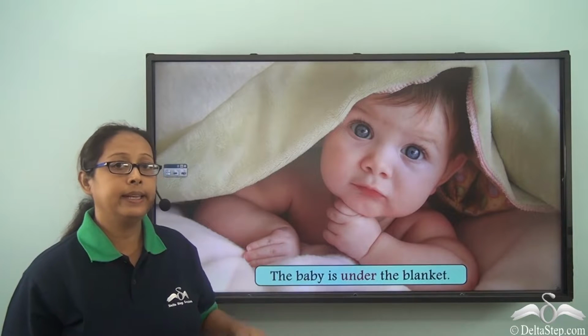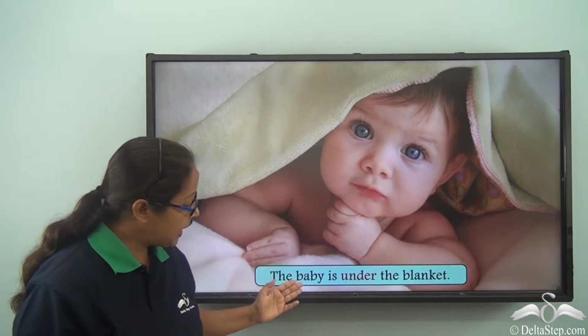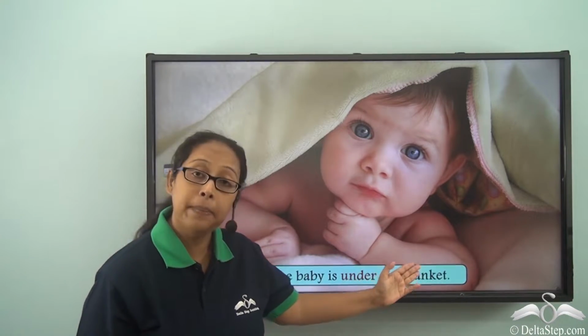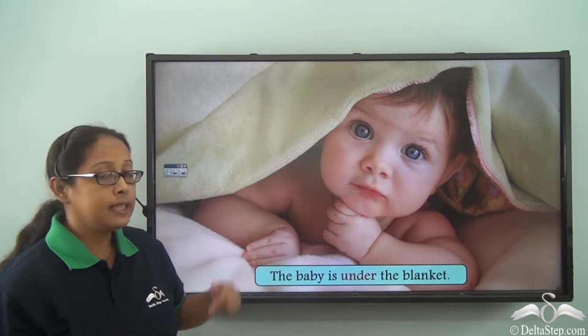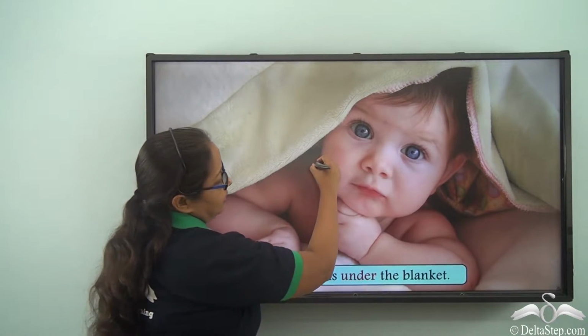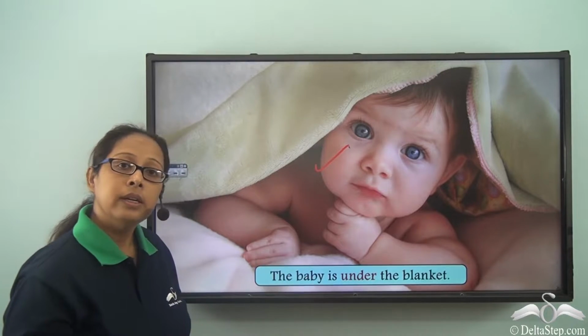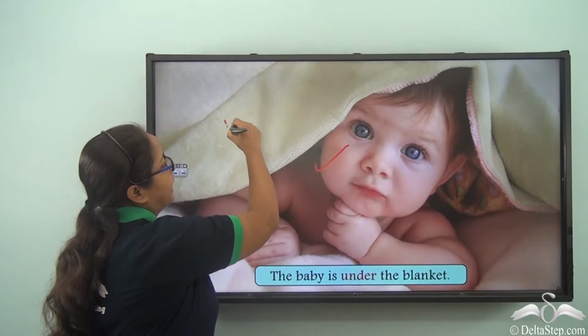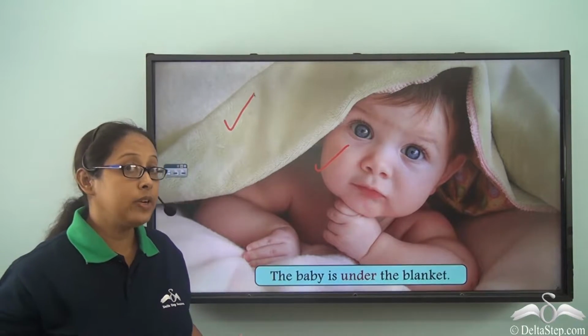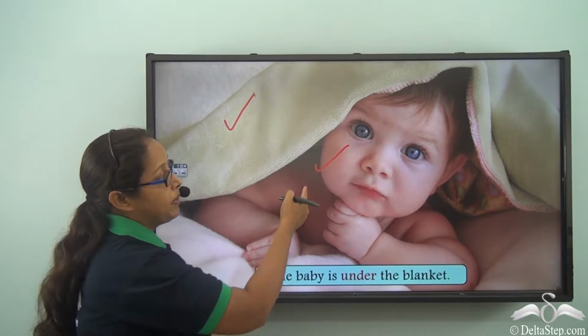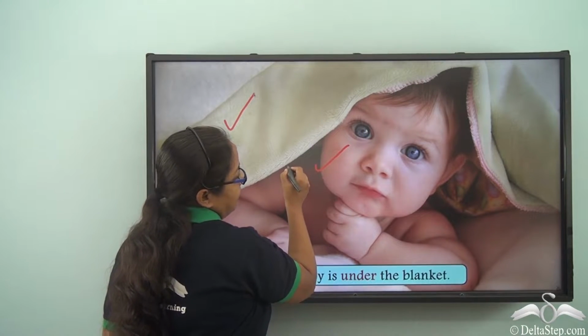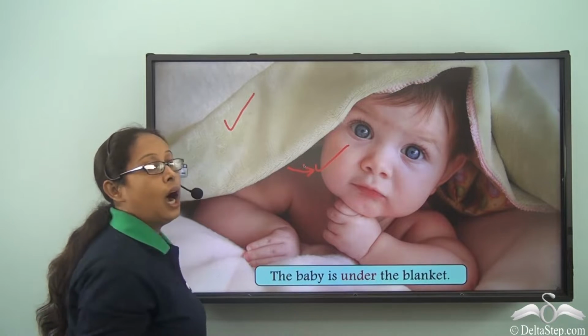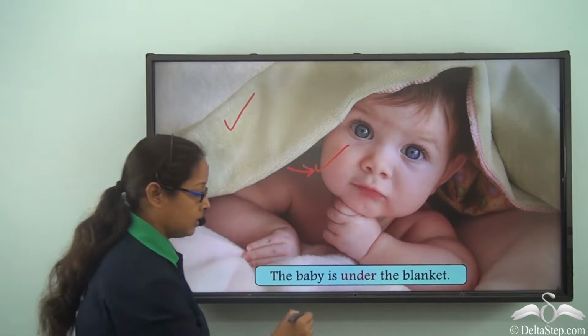Let's check the second example out. The baby is under the blanket. Let's see the image. This is the baby. And then we are talking about this blanket. So where is the baby? The baby is directly under the blanket.